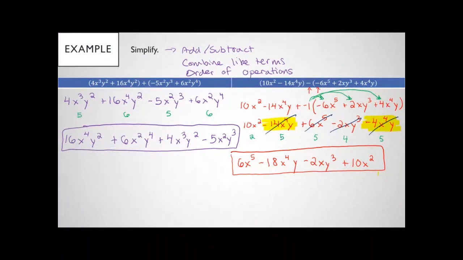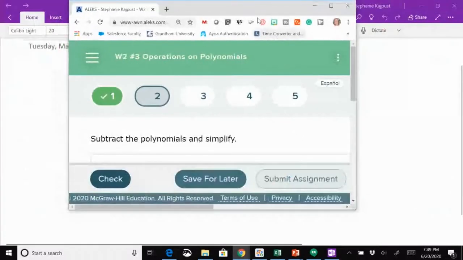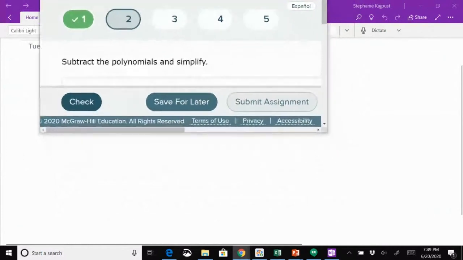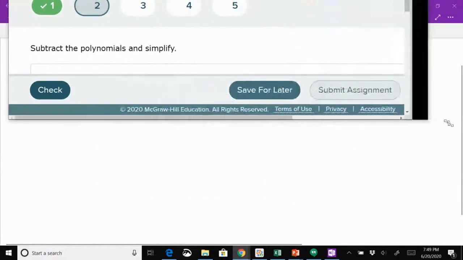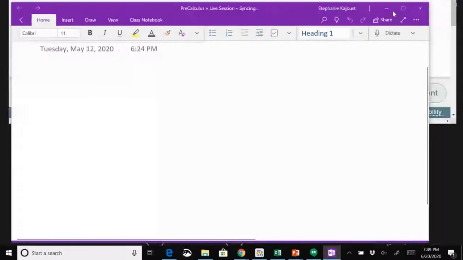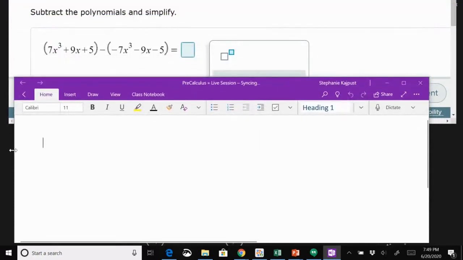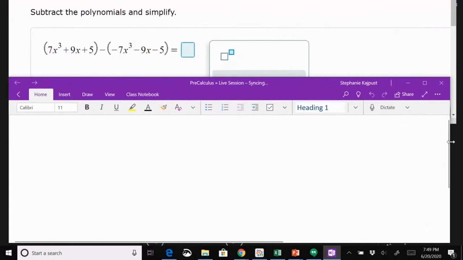Okay, since I can't literally show you a piece of paper working out this problem, I'm trying to make it work so I can use my tablet and work through the problem at the same time. There we go. Okay. So I'm just trying to make things work here.